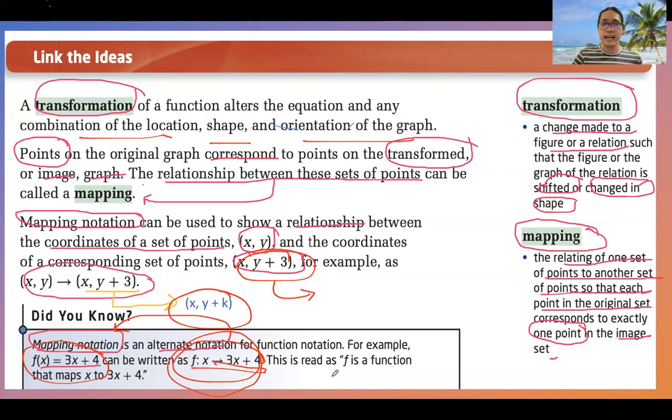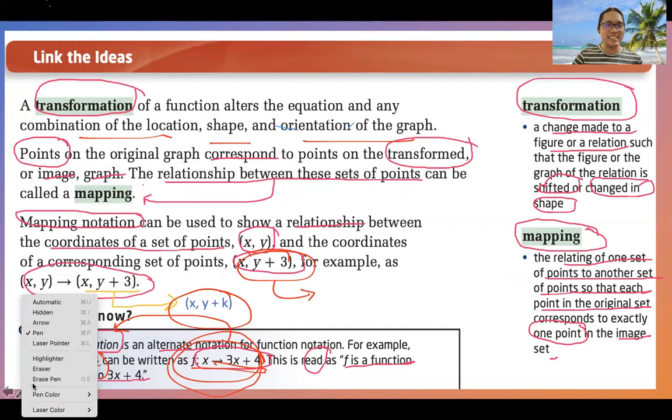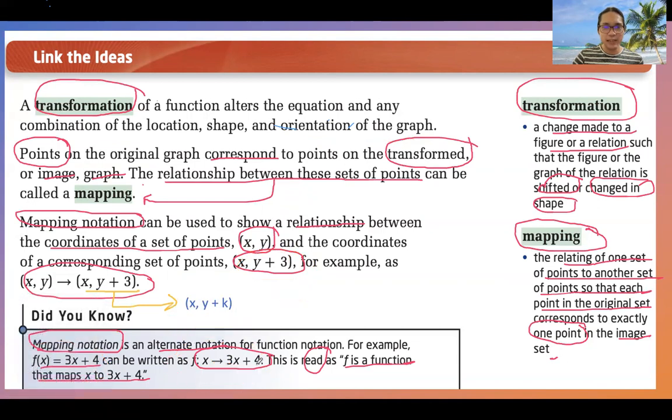This can be read as: f is a function that maps x to 3x + 4. I'll erase the writings because it's so messy. Again, f is a function that maps x to 3x + 4. I hope we'll be able to read it, and I hope we are all okay.